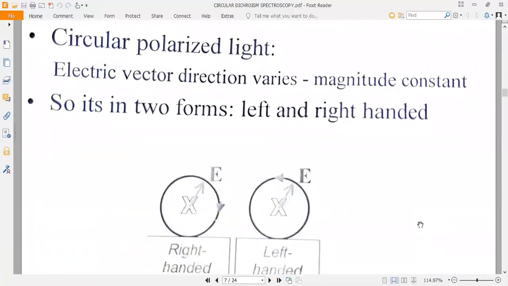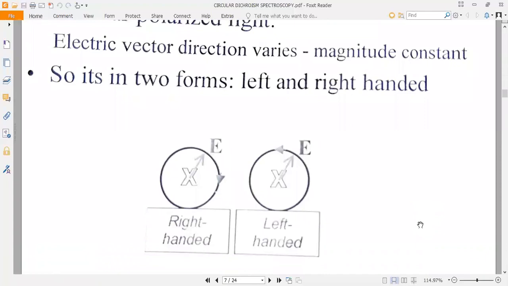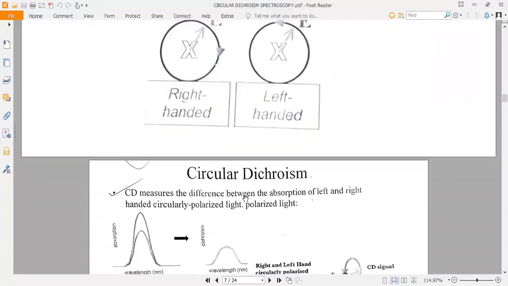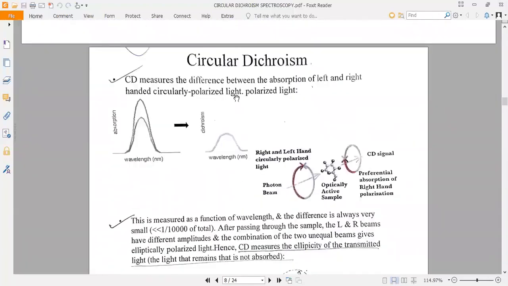Again, that is shown here. Circularly polarized light again can be right-handed or left-handed depending upon whether it is moving in the clockwise or anti-clockwise direction. Circular dichroism. Circular dichroism or CD measures the difference between absorption of left and right-handed circularly polarized light.